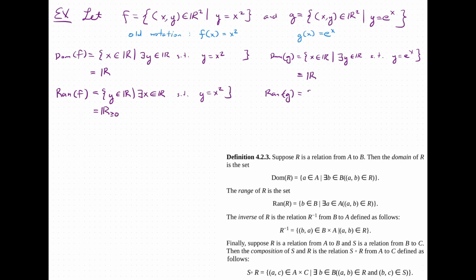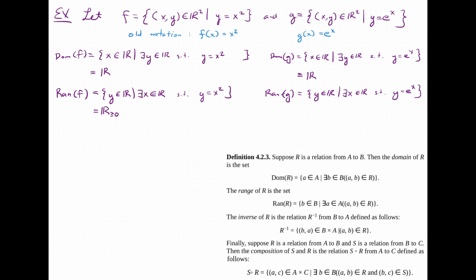And similarly, we're going to have those real numbers y such that there exists some x in the reals such that y is equal to e to the x. In this case, we know that for every real input, e to the x is always a positive quantity.